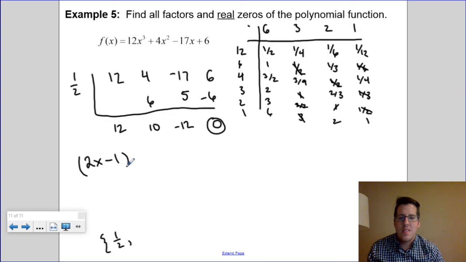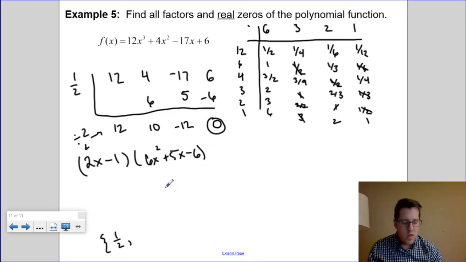That's what gives us that 0 of 1/2. Which means this quadratic here isn't 12x squared plus 10x minus 12. We actually have to divide by 2. And we get 6x squared plus 5x minus 6, which we can either factor or we can use the quadratic formula.